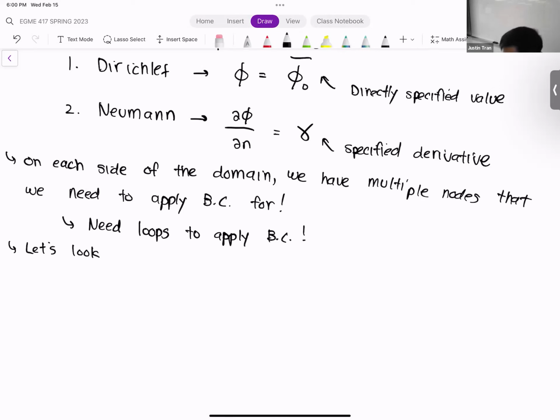And so to give you a bit more detail about how these loops are going to be structured, let's look at the i and j coordinates for each side of the domain.